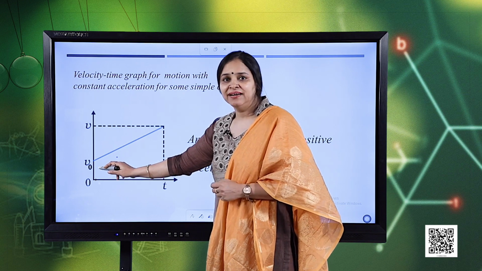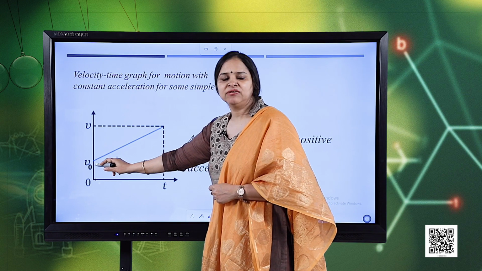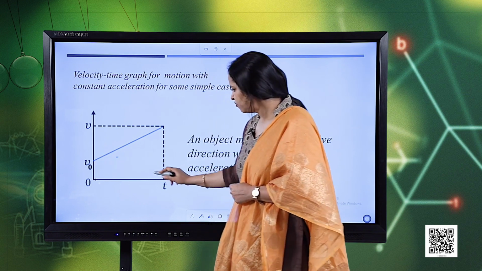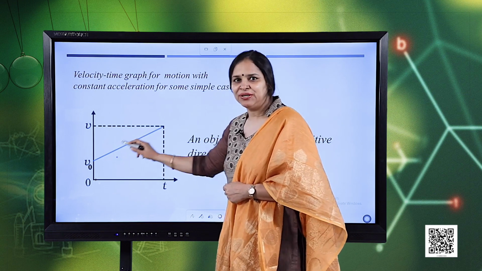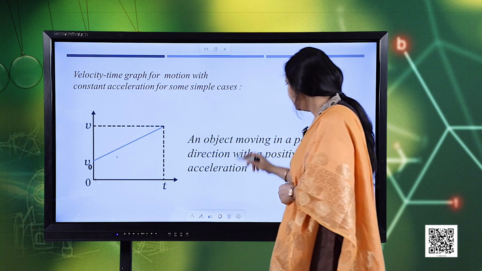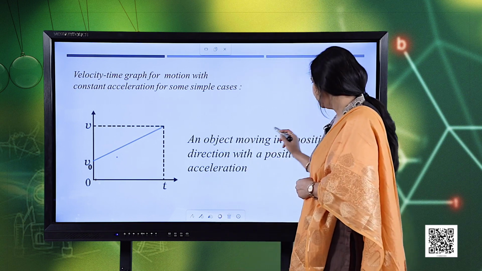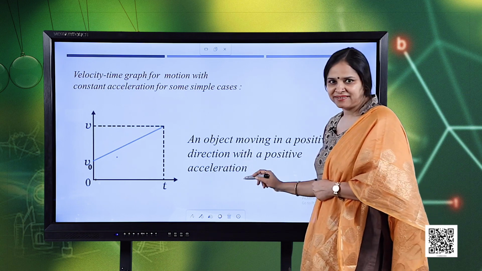Initially, when we started with 0 time, the initial velocity is v0. With the span of time, after time t, the velocity is increasing uniformly and the final velocity is v. So, it is an example of an object moving in a positive direction with a positive acceleration.